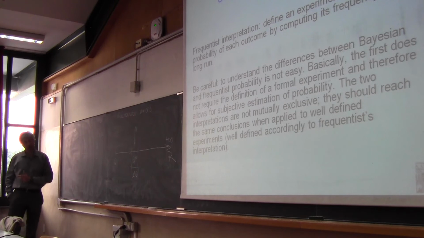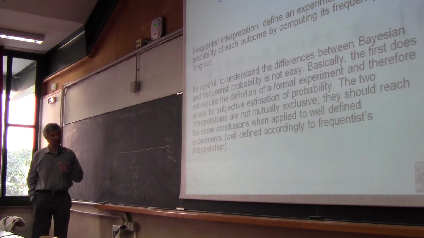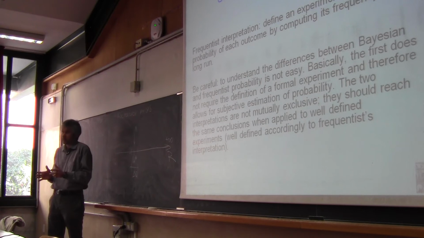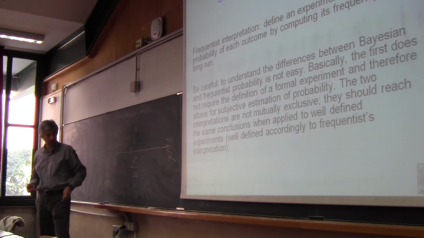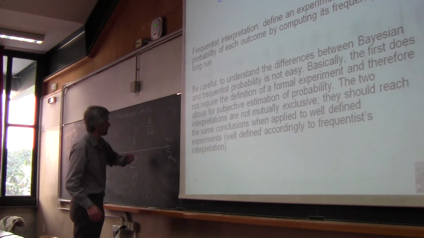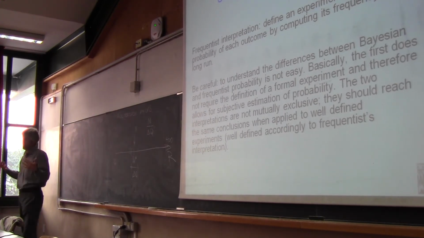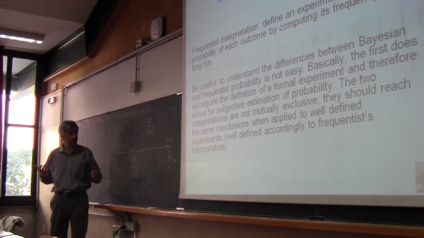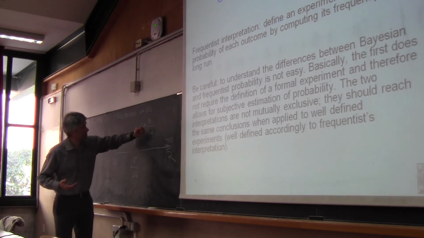We need to elaborate a different definition. But given the fact that n decreases for decreasing delta q and increases for increasing delta q, we may think of computing the quantity n divided by delta q, which is something that is independent from delta q. And we may call it, by using the symbol lowercase p of q star.